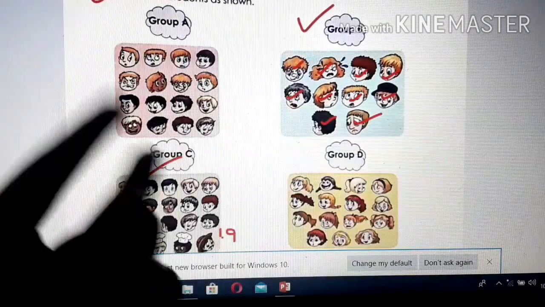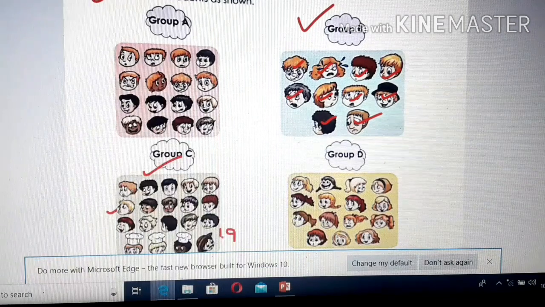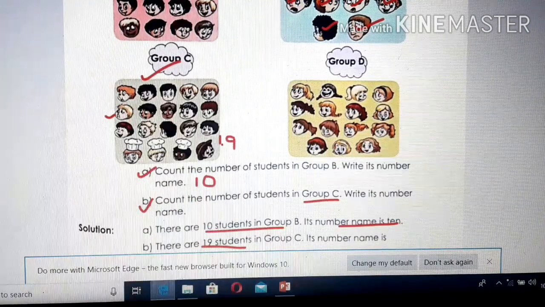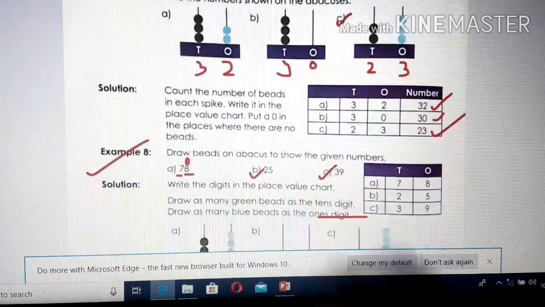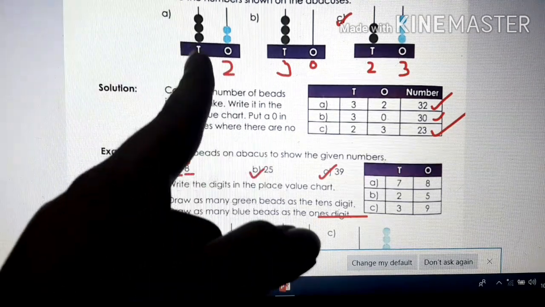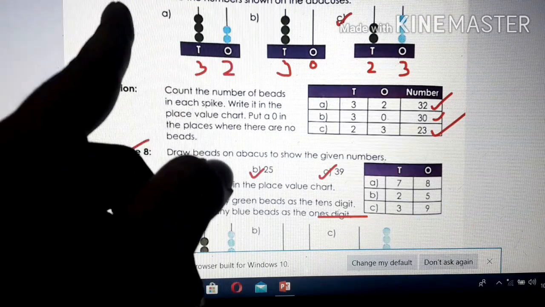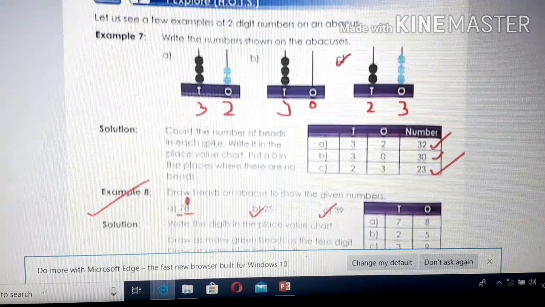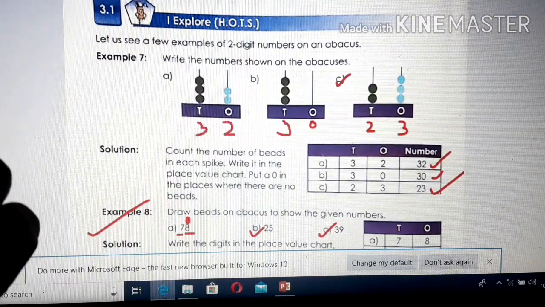We solved this question to observe the groups and the number of students and to answer the questions below. Okay? And at last, children, what we did, how to place the numbers on the abacus. So first you put ones with blue color and tens with green color beads. Okay, and just see what is the number and put the beads according to the number.